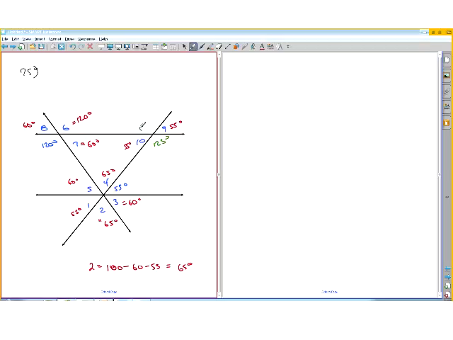These would actually be 125 degrees here and 125 degrees there because they're vertical angles. Both of these add up to 180. These add up to 180. These add up to 180. So you can see it all kind of works symmetrically. Okay, so that's it.